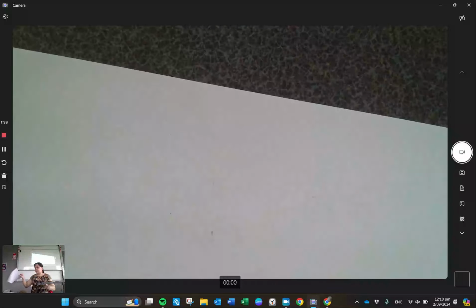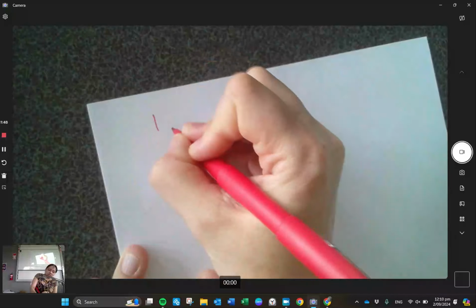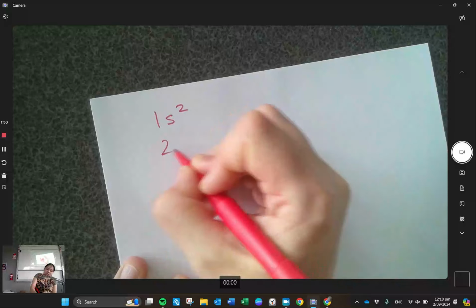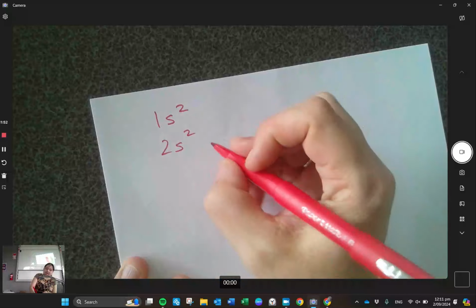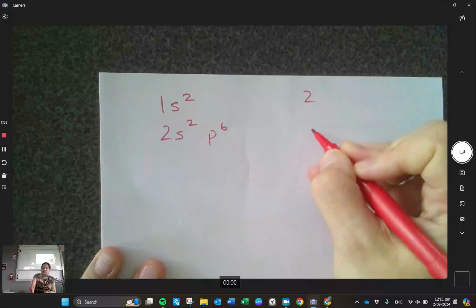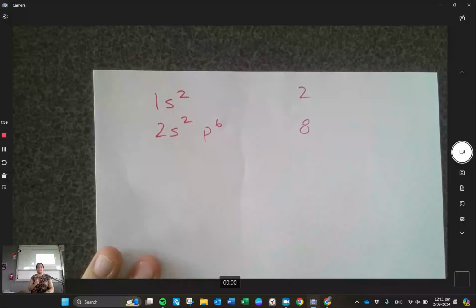So here's the little nasty thing that unfortunately you guys have to memorize. It's not actually too hard to draw because it's pretty, I would say, logical. So first subshell has 2. Second shell has the S and the P. P holds up to 6, so total we're still at 2 and we're still at 8, just like you guys have been doing previously.